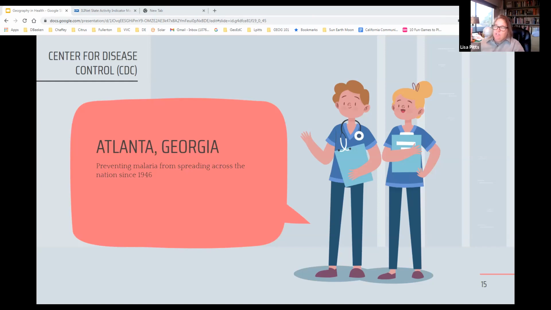They did disease surveillance, and obviously campaigns for using screens and DDT, and nowadays wearing masks, or getting vaccinated, or washing your hands and all that good stuff. So the CDC is one of the major operating components of the Department of Health and Human Services. It's the premier health promotion, prevention, and preparedness agency.